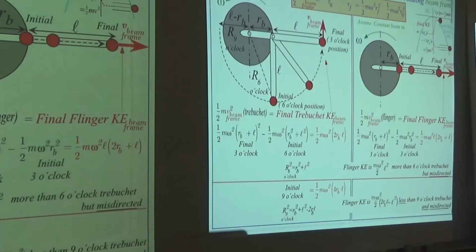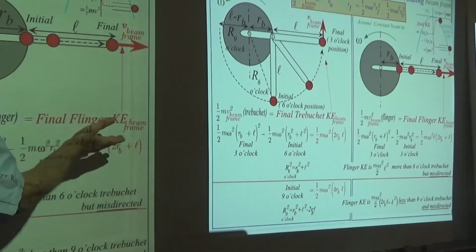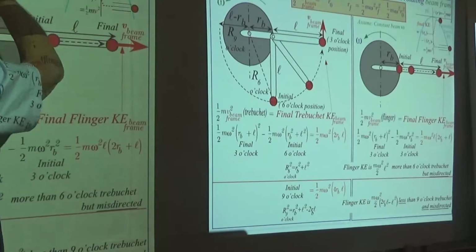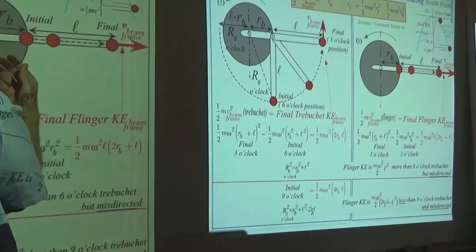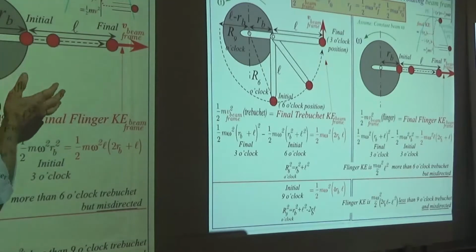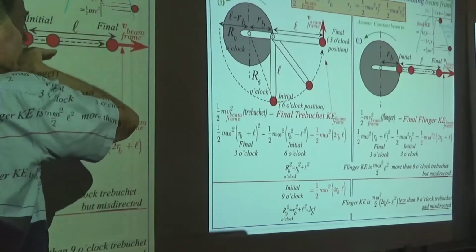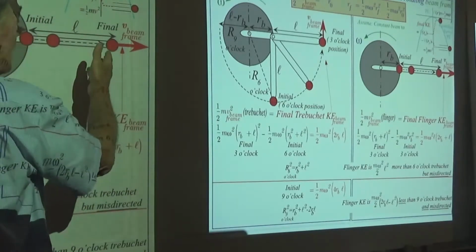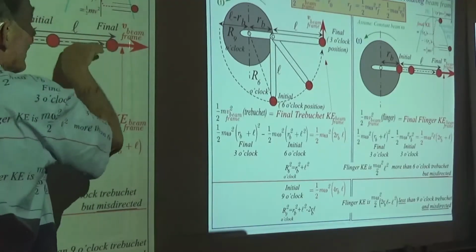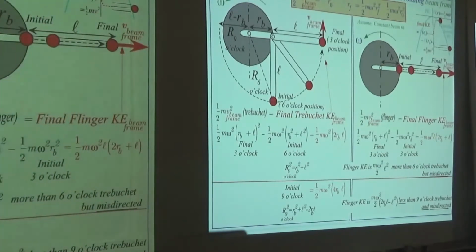Now, there is an important point here, and that is that when this one lets go, and it's up here someplace, we're looking at all of this relative to the beam, or we're in the beam frame all the time with this thing. When this thing lets go, it's got a velocity relative to the beam that's outward, whereas this one has something that's relative to the beam at 90 degrees.